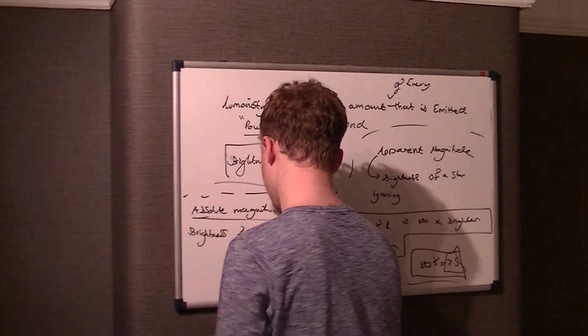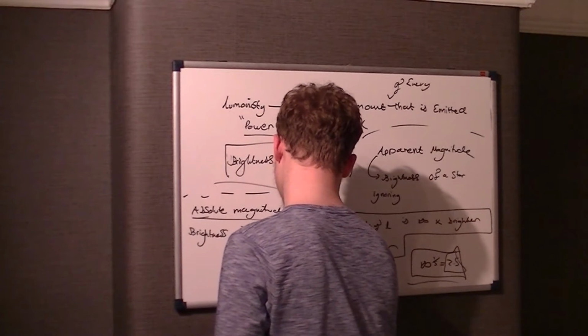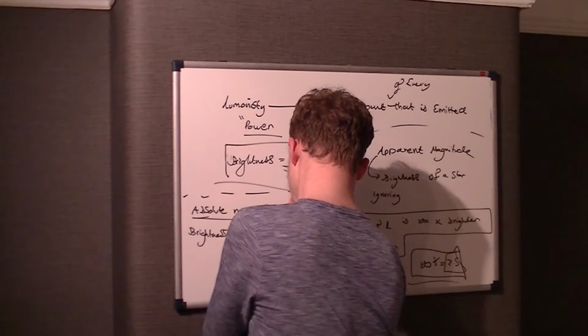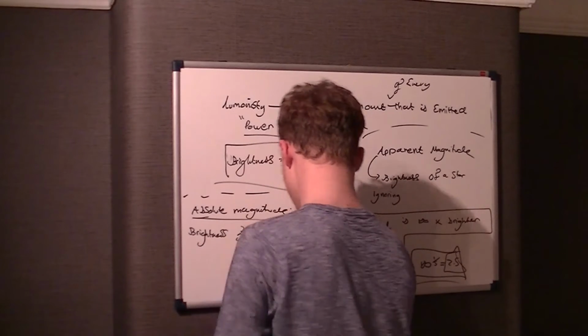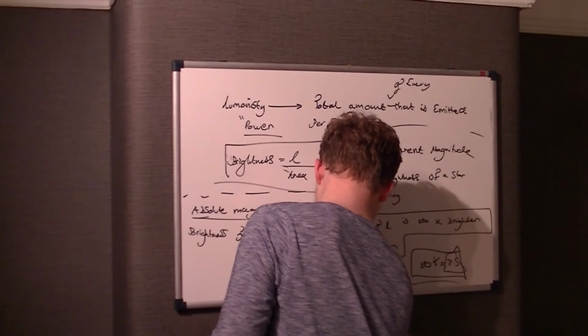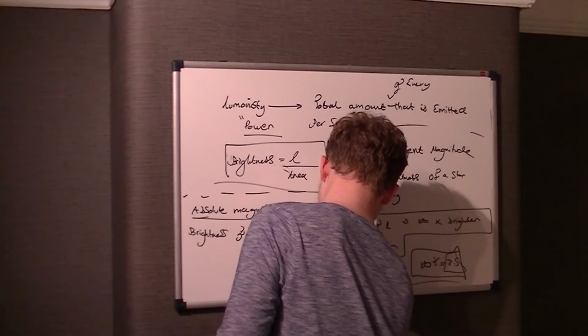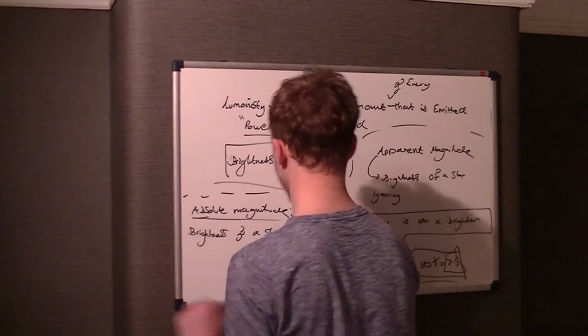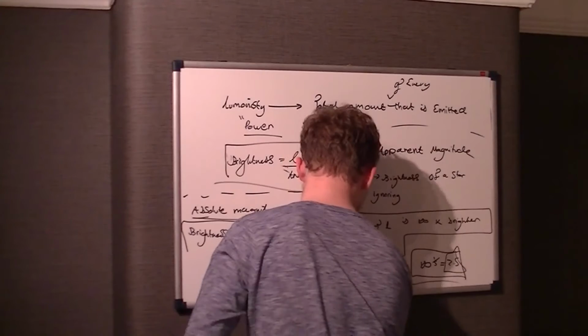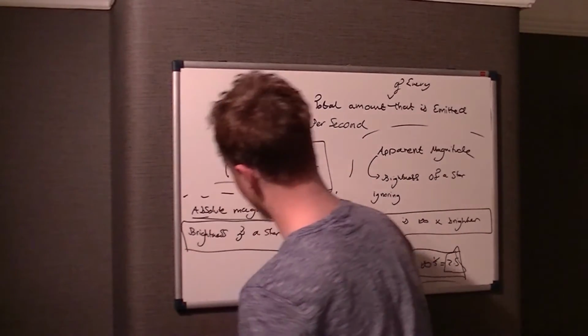So brightness of a star at 10 parsecs or 32.6 light years. And obviously you can count that down to work out what 1 light year is in terms of parsecs and vice versa.